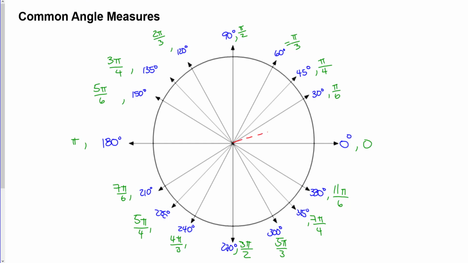If I added in a line here for 15 degrees, and added in a line here for 75 degrees, you don't actually need these. These aren't the common ones, but what that does is it makes all of the spacing even. So all the spaces between the common ones are now 15 degrees. This next one here would be 90 plus 15, which is 105 degrees.